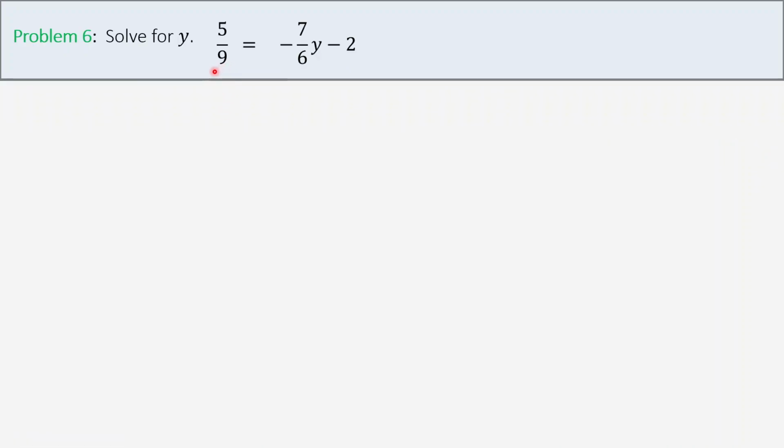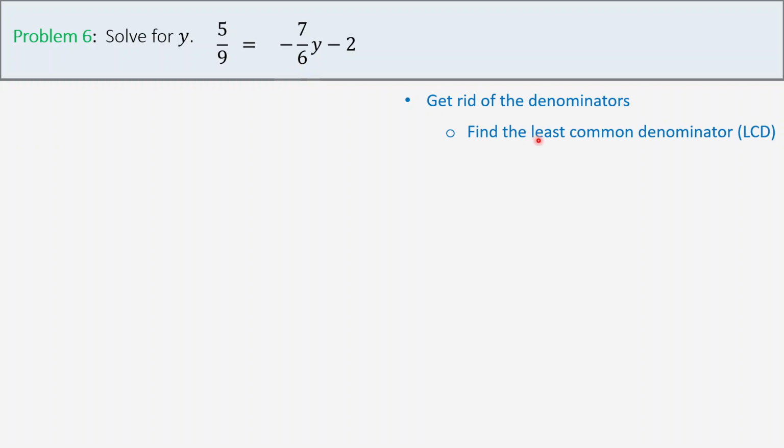In this equation, there are two denominators, 9 and 6. You need to get rid of the denominators. What you need to do is find the least common denominator, also called LCD. To find the least common denominator, take the denominators 9, 6 and divide. Both of these numbers can be divided by 3.